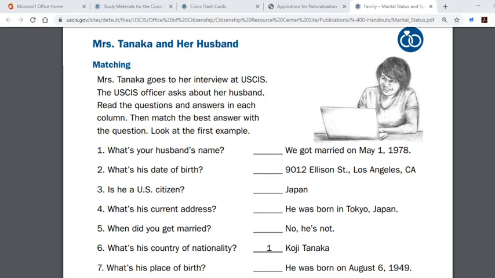I will give you 5 minutes. Please read the story and match the numbers to the answers, and we will go over it. Thank you.